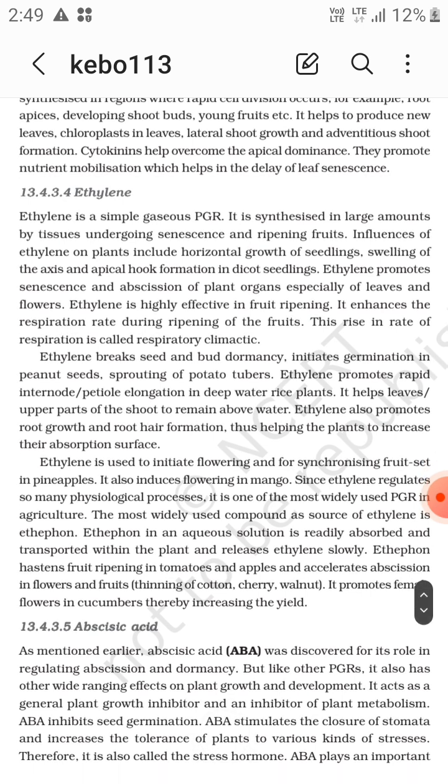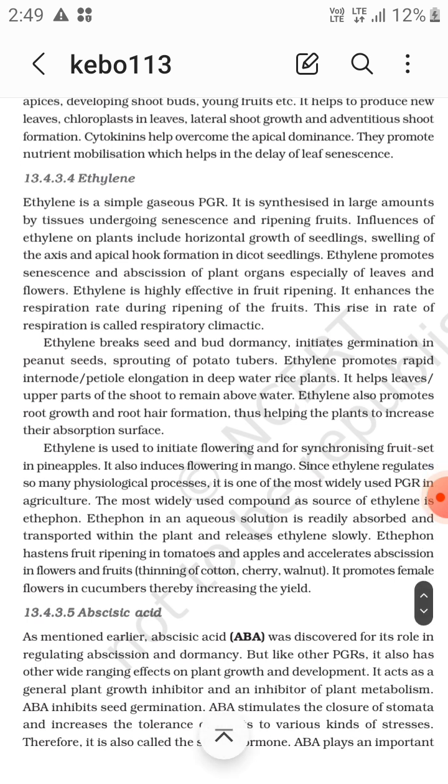Influences of ethylene on plants include horizontal growth of seedlings, swelling of the axis and apical hook formation in dicot seedlings. Ethylene promotes senescence and abscission of plant organs, especially of leaves and flowers.